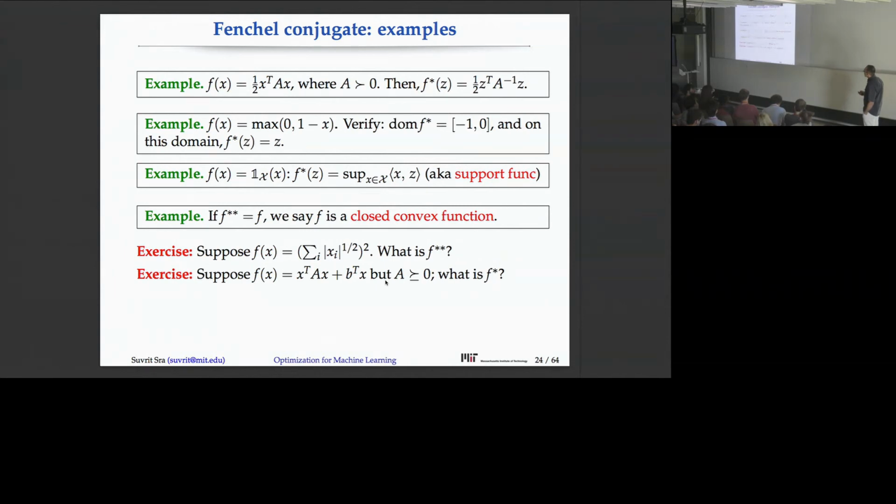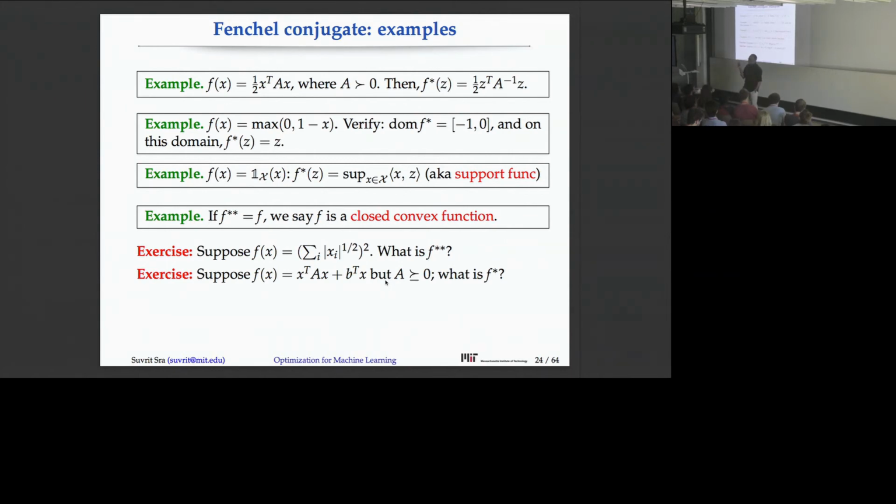And this is another notation that you may read in papers: if you take the conjugate of the conjugate, you get back the original function. Then you say the function is a closed convex function. That doesn't happen for all convex functions, but for most convex functions that we are ever going to deal with, f star star is f.